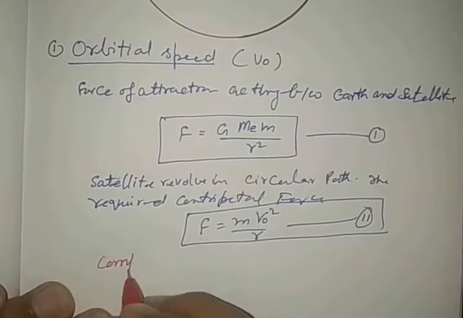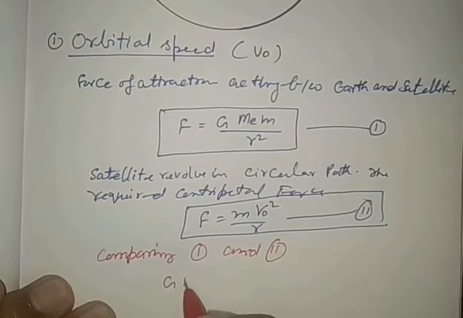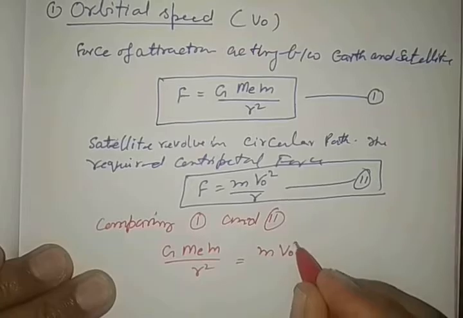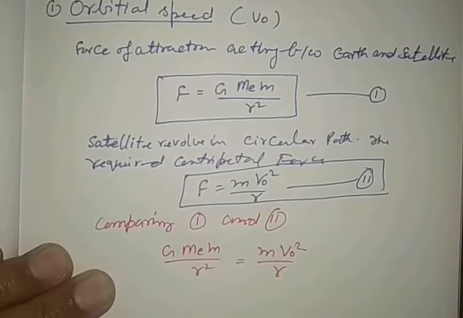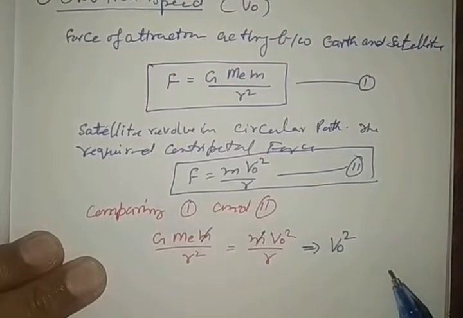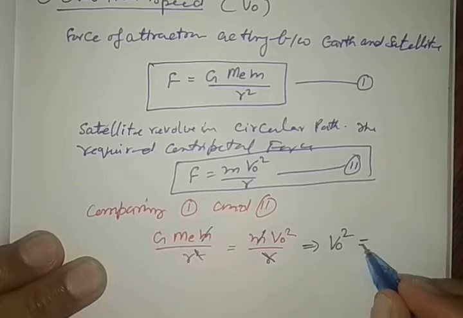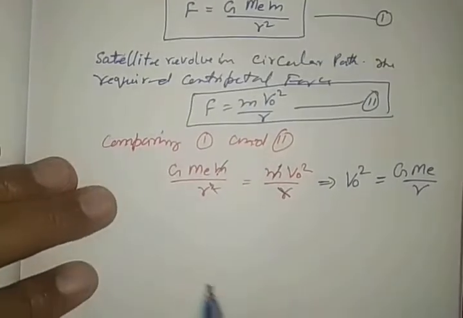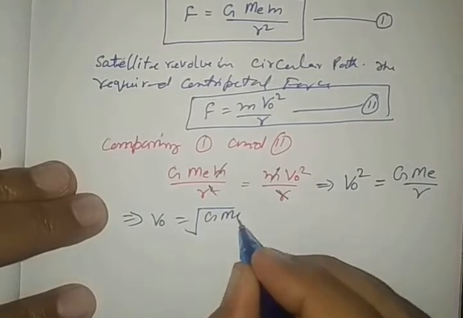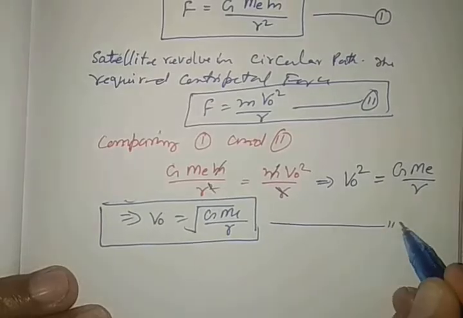Comparing equation 1 and 2, one may write capital G ME M by R square is equal to M VO square by R. In this calculation, M is cancelled, and one R is cancelled from the square. So VO square is equal to G ME by R. This implies that orbital velocity VO is equal to under root G ME by R. It is represented by equation number 3 here.